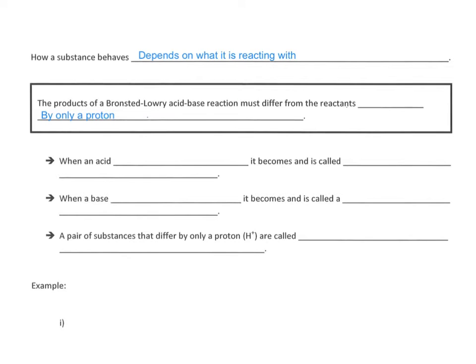So one of the key points of the Bronsted-Lowry acid-base reaction is that the products must only differ from the reactants by only a single proton. So when our acid loses a proton, it becomes something called a conjugate base.